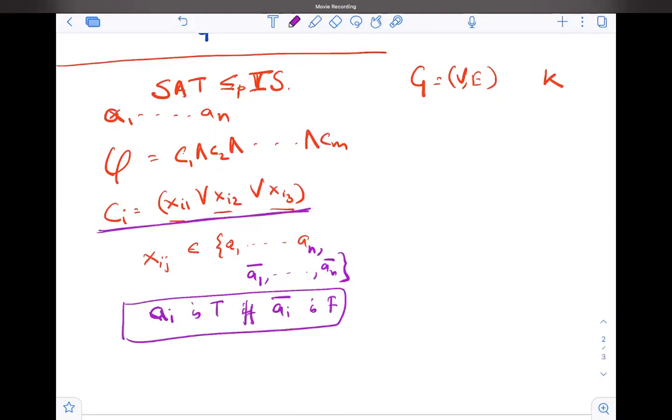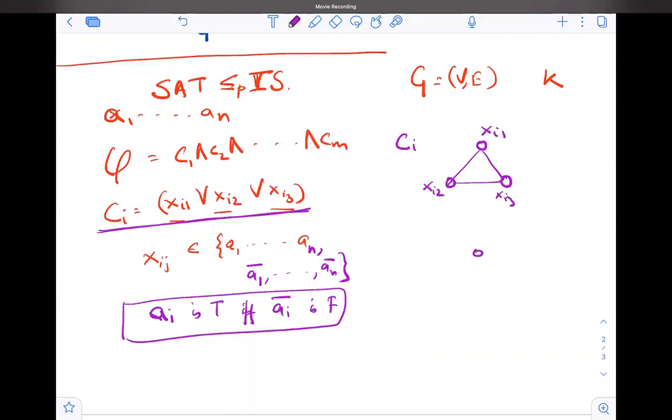So how to do it? One way is, for each clause Ci, I put a triangle. These are xi1, xi2, xi3.